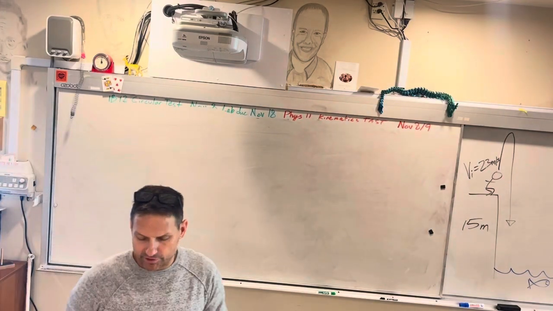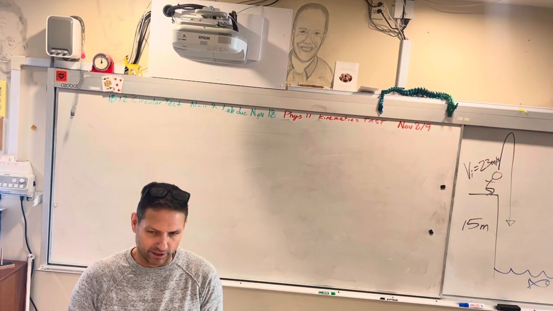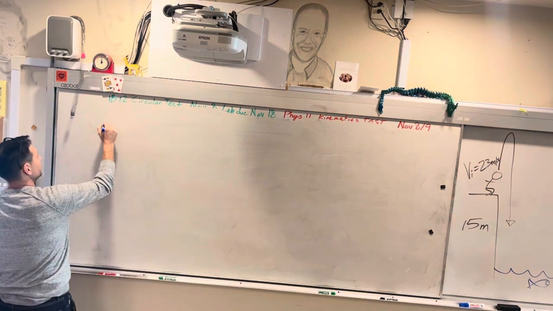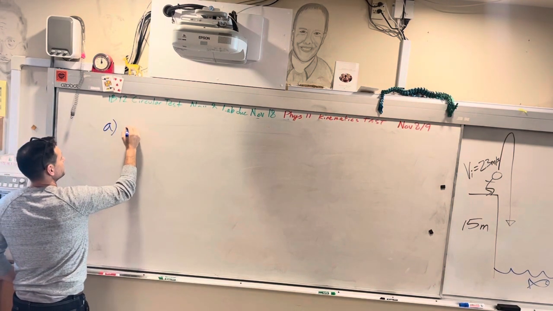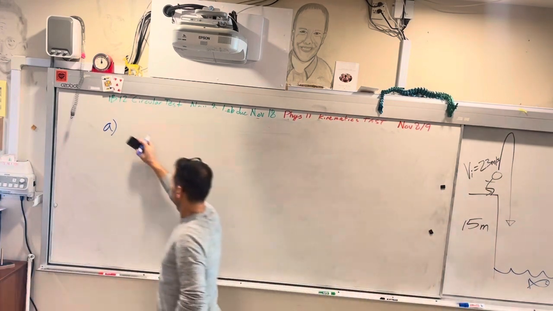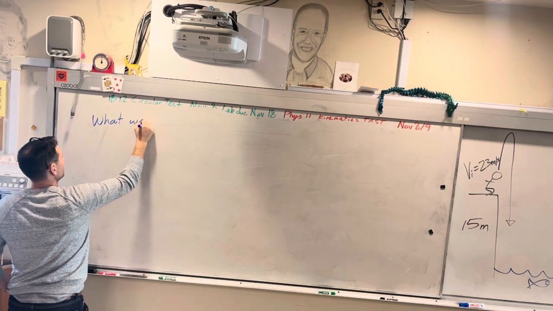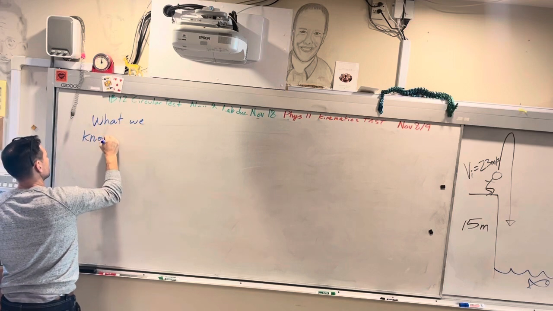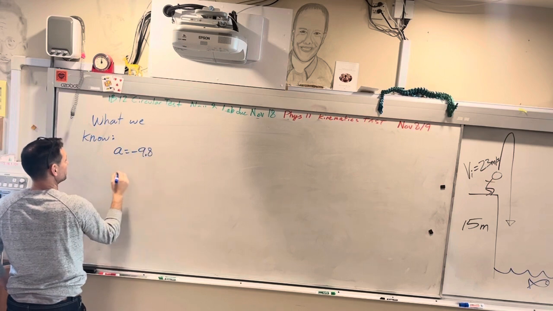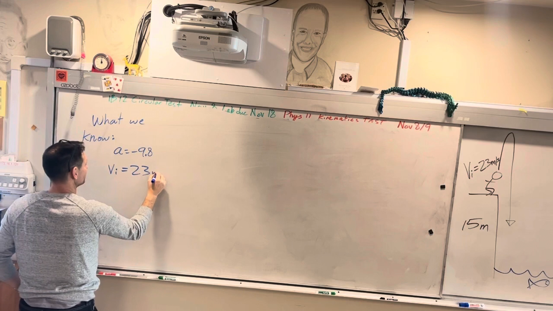Once he leaves the ground, what's his acceleration? Negative 9.8. Good. 9.8 downwards. So negative 9.8. So we know that during his flight. Yeah, I said it was 23, which is very impressive.